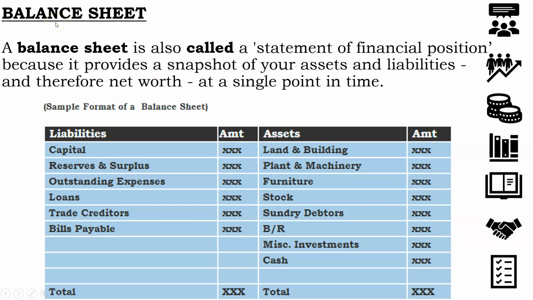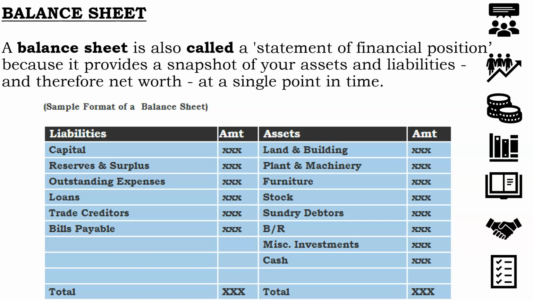A balance sheet is also called a statement of financial position. Why is it called a statement of financial position? Here I have provided you with a sample format or draft of a balance sheet. It has two sides. One is the liability side, called debit, and the asset side is called credit. Now the assets, whatever assets the organization has, we will study about assets and liabilities as well.